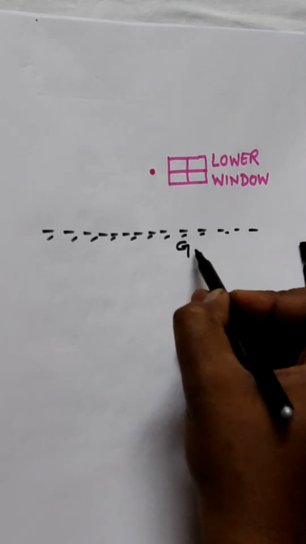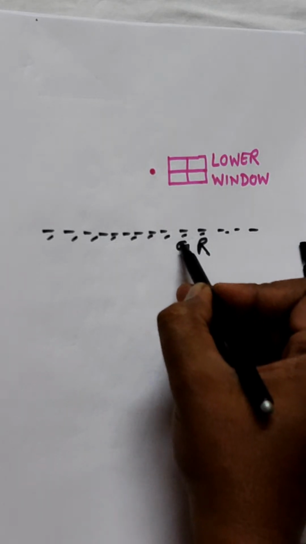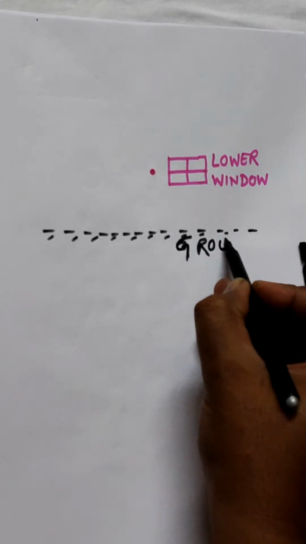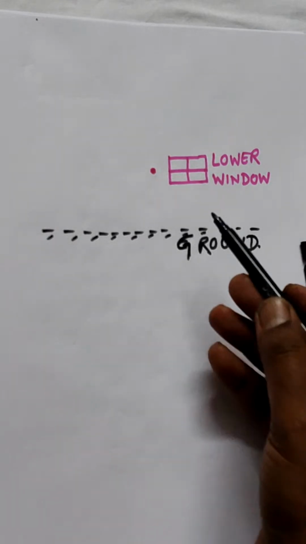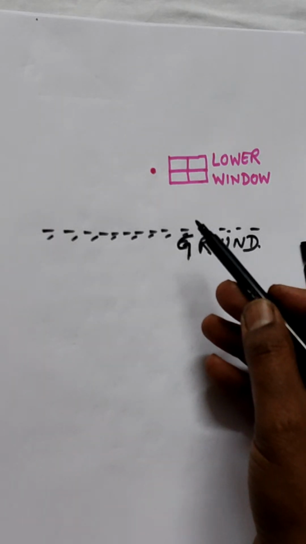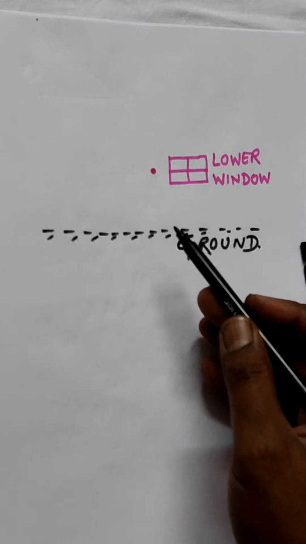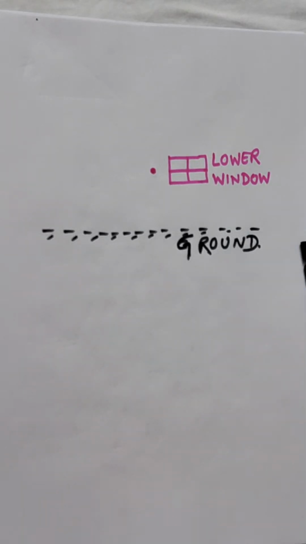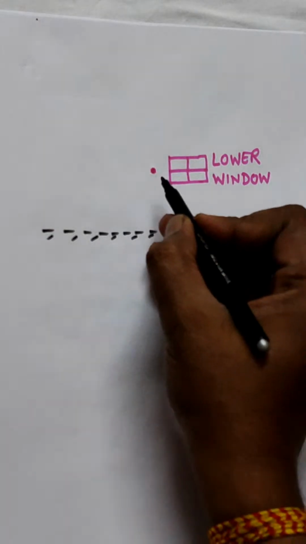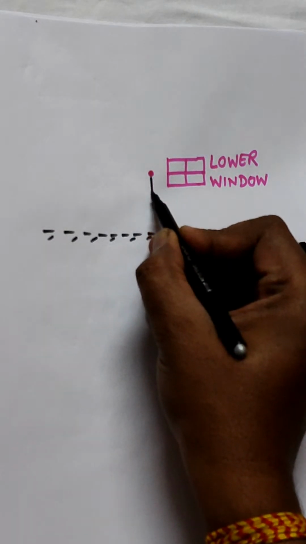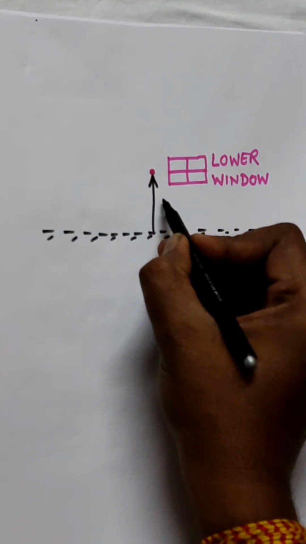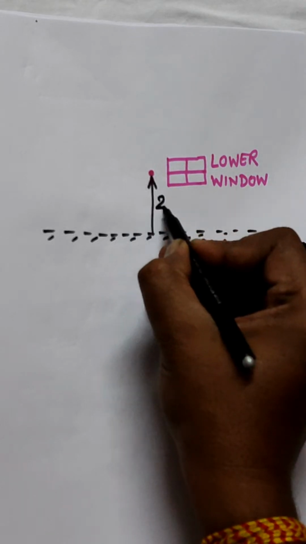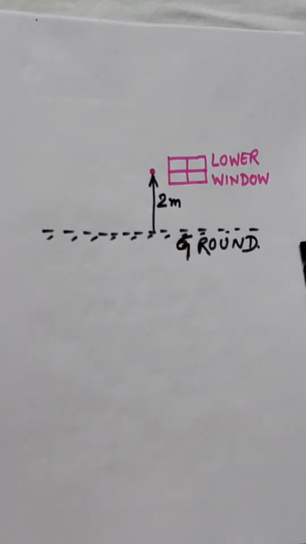It's given that the lower window of a house is at a height of 2 meter above the ground. So this height is 2 meter above the ground, right?